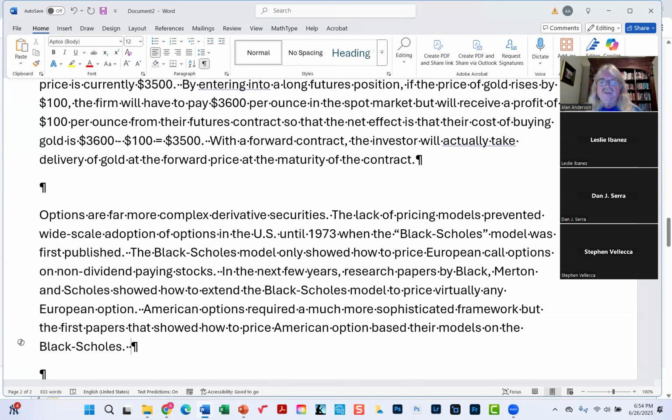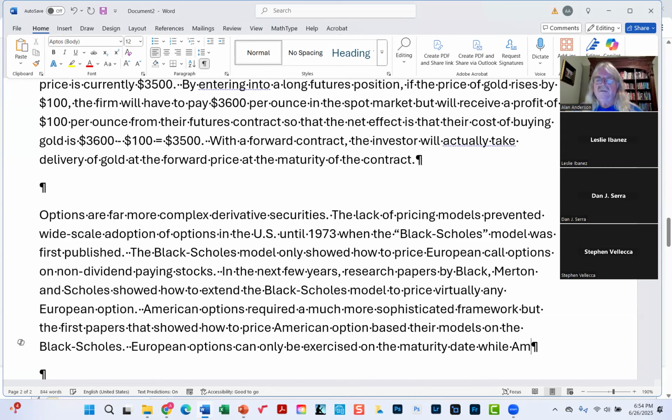Because remember, that's what really separates American from European options. European options can only be exercised on the maturity date. Well, American options can be exercised anytime during the lifetime of the option.